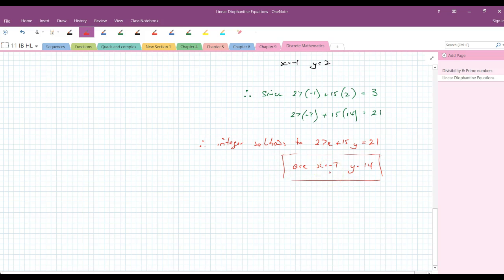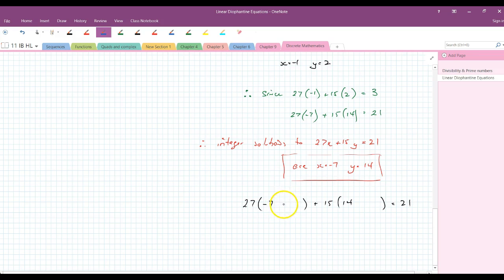Okay, now I say, well, if I've got 27 by minus 7 plus 15 by 14, and that's equal to 21, then to find my next solution I'll change color here.